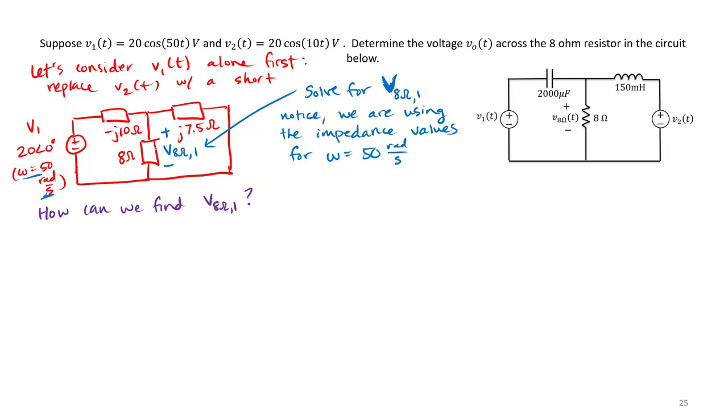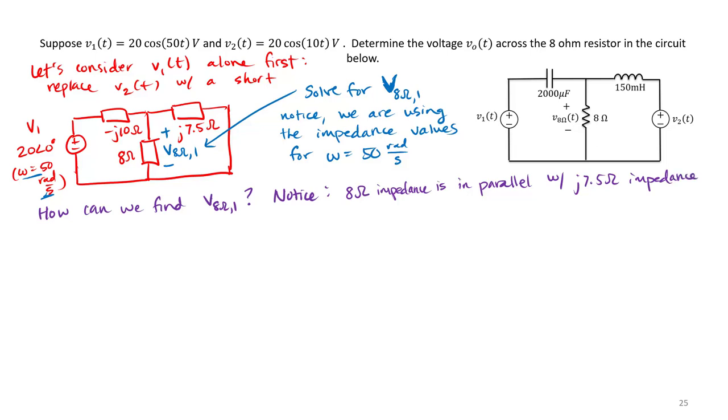One thing that's helpful to notice is that the 8-ohm resistor, or let's call these impedances, the 8-ohm impedance is in parallel with the J7.5 ohm impedance.